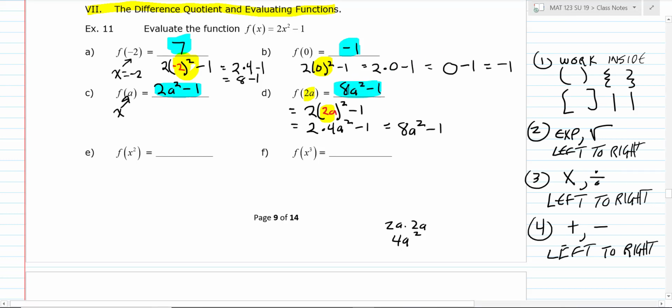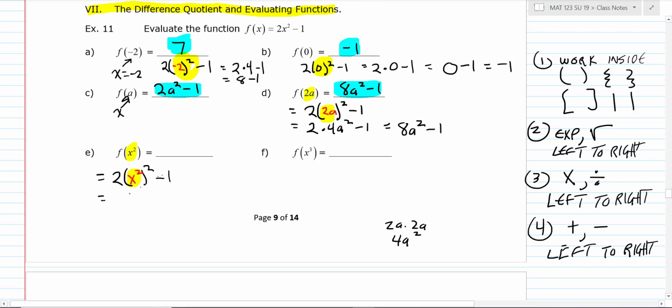Okay, so you're going to do some basic algebra when you do this also. All right, so the next one, again, just start by writing down the function. The function is 2 times something squared minus 1. The something is x squared, so that thing plugs in there. Then you work out the details of the arithmetic.